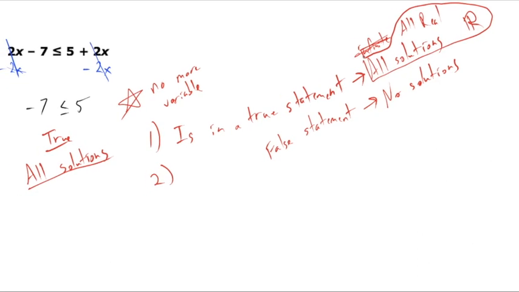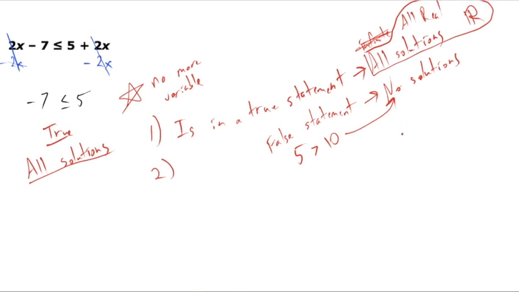If it is a false statement, something like 5 is greater than 10, that's a false statement. That means that it's no solutions. It means that whatever we plug in will never work. It doesn't matter what we try, it will never be a solution here.